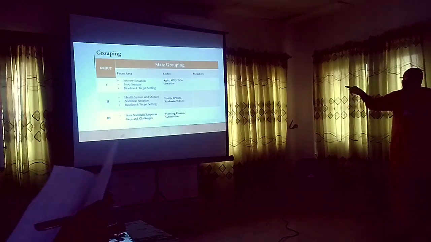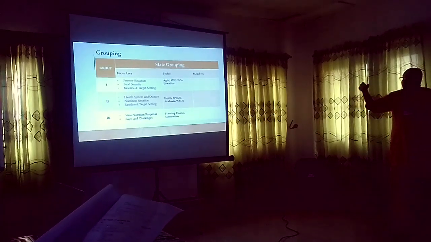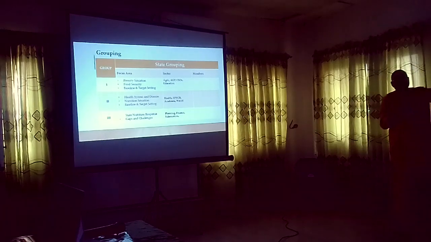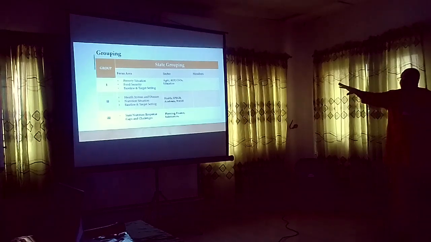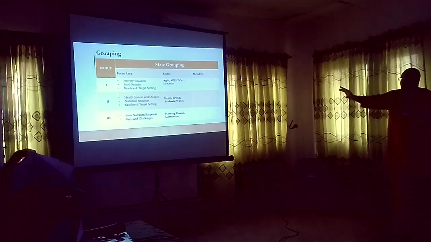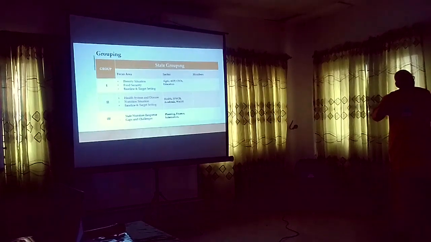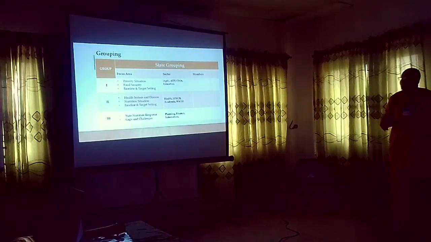Group 1 will be those from AGRIC, ADP, the CSO, and they will focus on poverty situation and food security situation. And those indicators that have a link with poverty situation and food insecurity, they will extract the baseline from the data they got and also try to set the target.